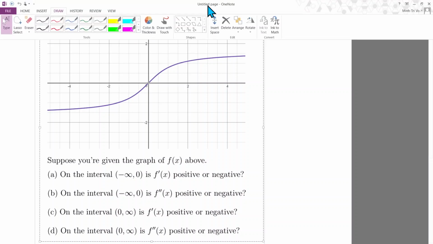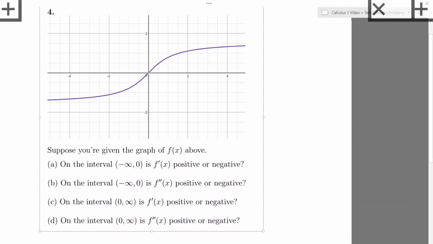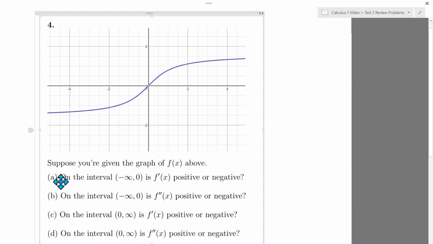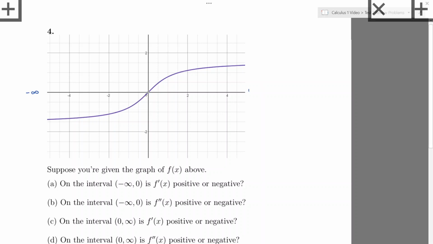Okay, so first of all, if we look at the intervals being described in these parts, there are two different intervals, from -infinity to 0, and then from 0 to infinity. As usual, these are describing x values, so along the x-axis, the left end is -infinity, and the right end is +infinity.